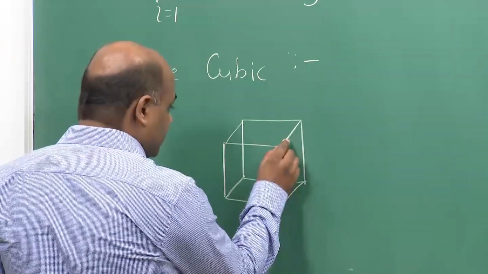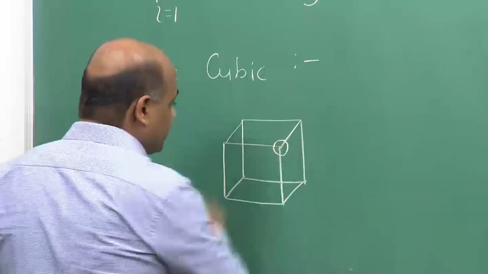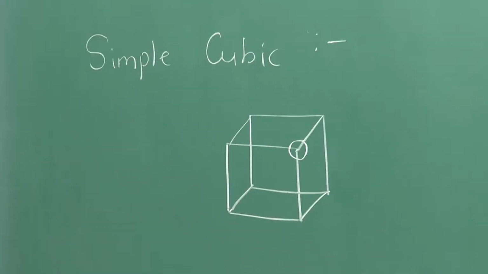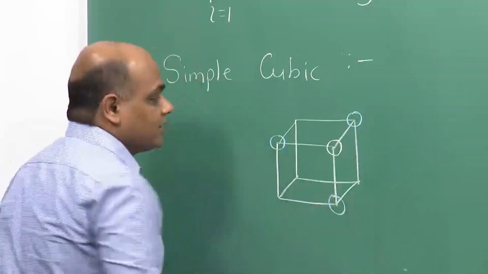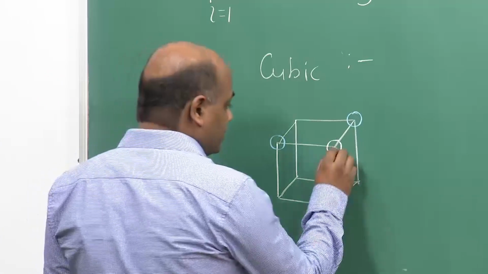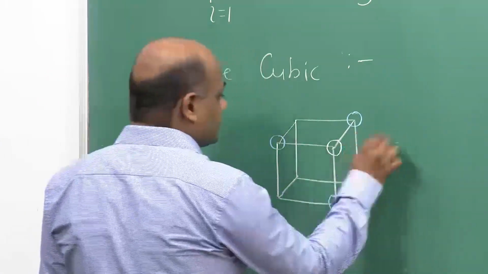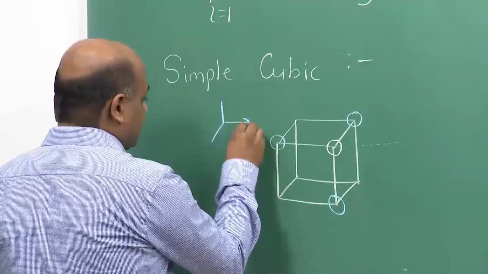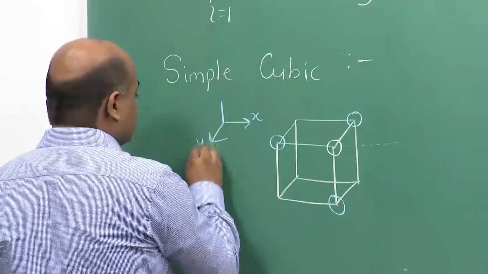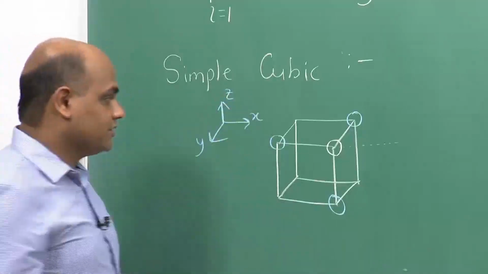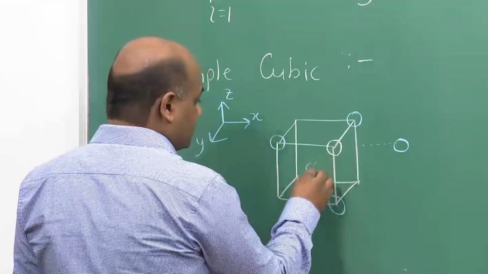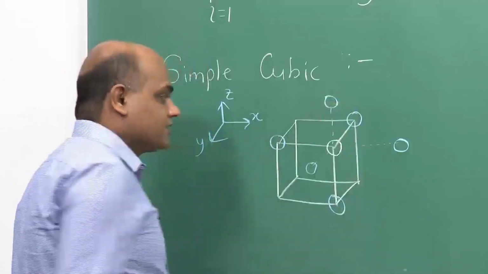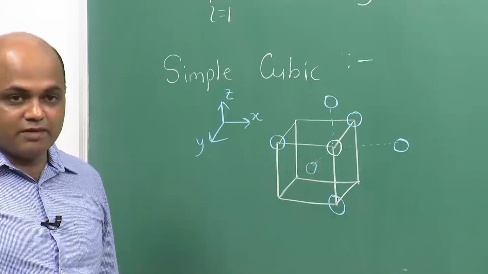So, if we consider this particular atom at one of the corners, we can show the 6 nearest neighbors. 3 of them in this lattice itself, and 3 more, let us call this plus x direction. So, our x, y, z are this one, x, y and z. So, in plus x direction into the next lattice, 1 on this side and 1 in the z direction. So, there are 6 neighbors.